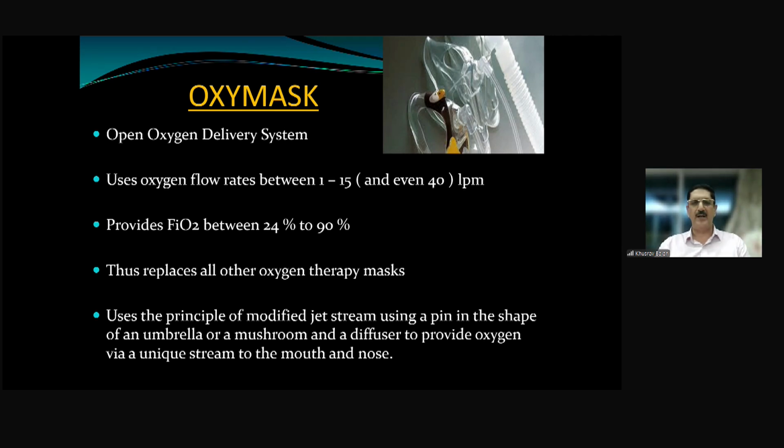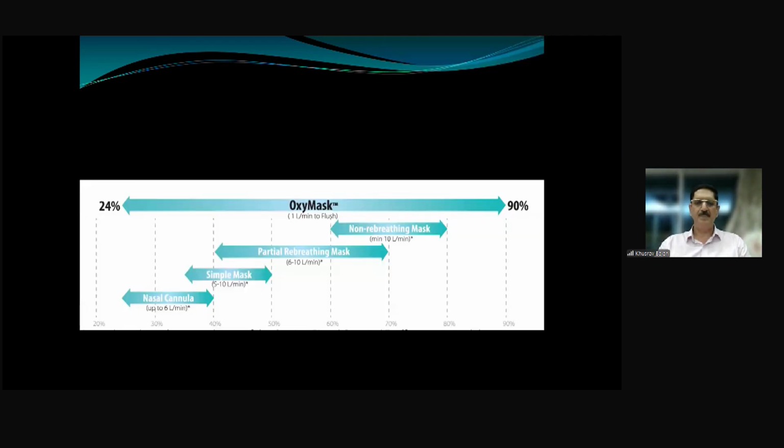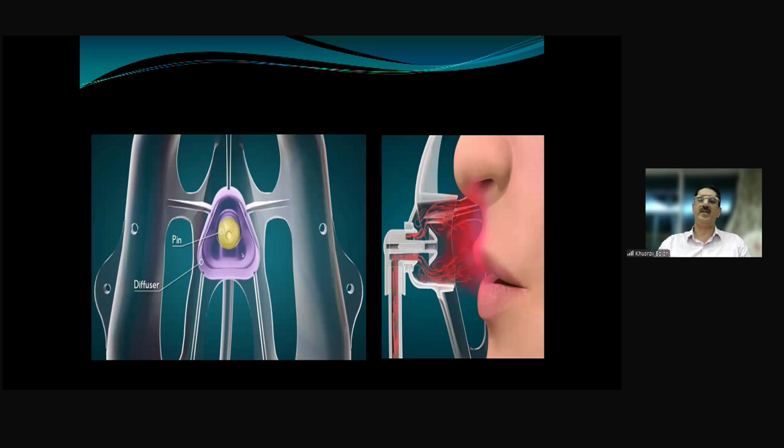And how does it do that? So it basically uses the technology called the mushroom phenomena. As you can see in this, this is the pin or the mushroom, and there will be oxygen which comes through this port, and this is an umbrella or a mushroom.